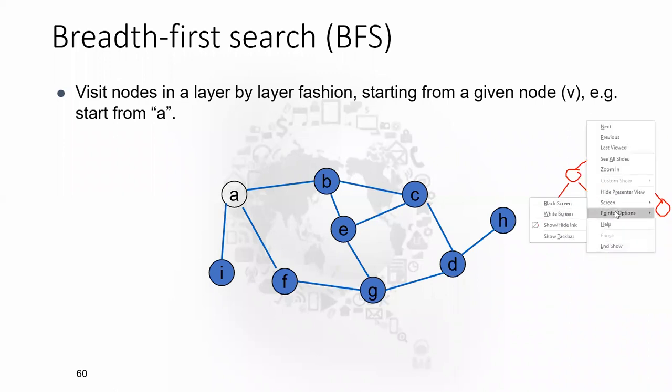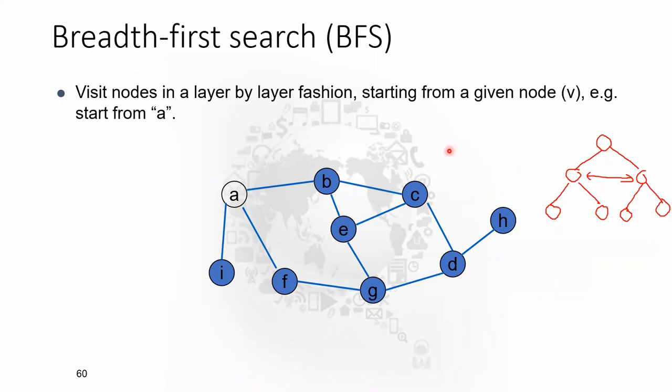But what about a graph? Can we talk about layers? Yes. This is layer 1, or A. Then what is layer 2?